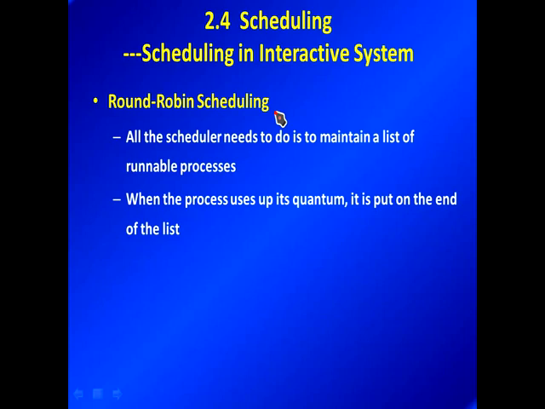You need to carefully decide the length of the quantum, 1 millisecond or 10 milliseconds or 100 milliseconds. How long can a process use the CPU? So you need to decide the length of the quantum for this round-robin scheduling algorithm.